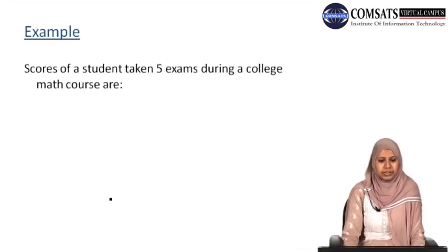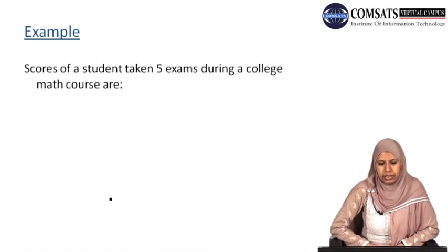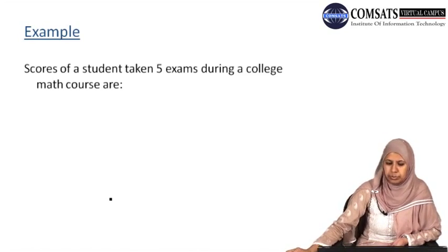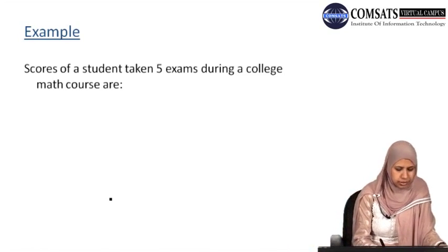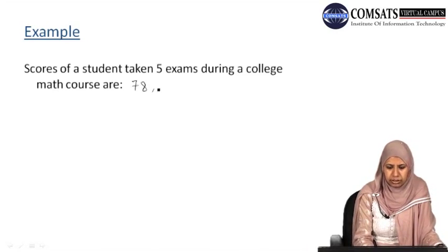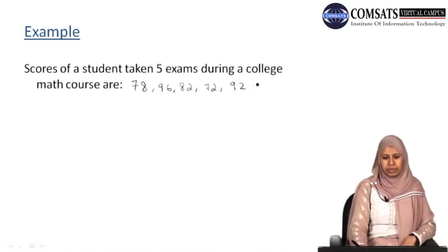Okay, now we come to an example. Suppose we consider the scores of a student taken in 5 exams during a college math course. This is the example which we discussed in our previous lecture as well. If we recall, the scores were 78, 96, 82, 72 and 92.